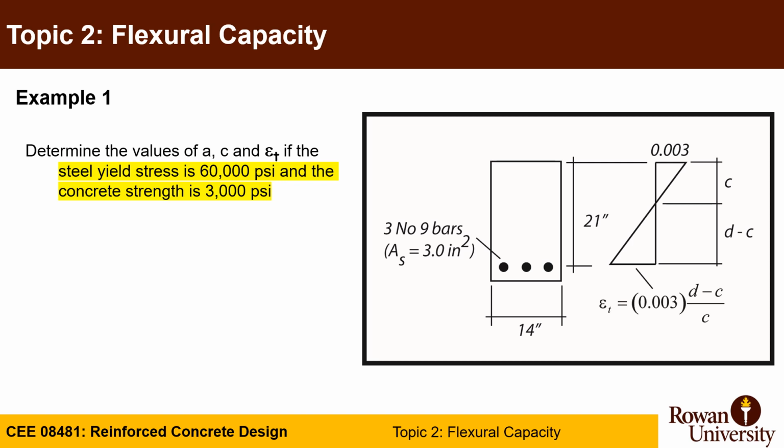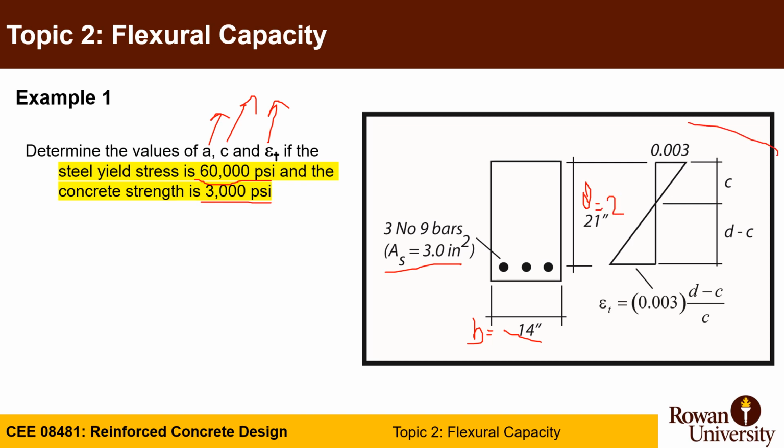In example number 1, I'm asking you to calculate value a, value c, and value epsilon t. So it's like one step from the previous recording, knowing that fy is 60,000 psi and f'c is 3,000 psi, area of steel is 3 square inches, width of the cross section is b equal 14, and depth of the cross section d equal 21.